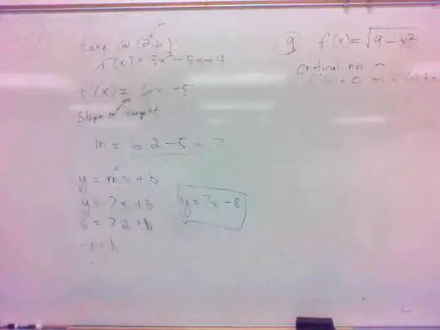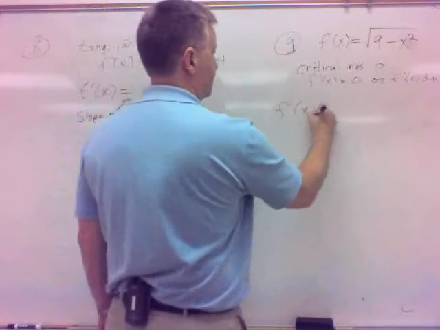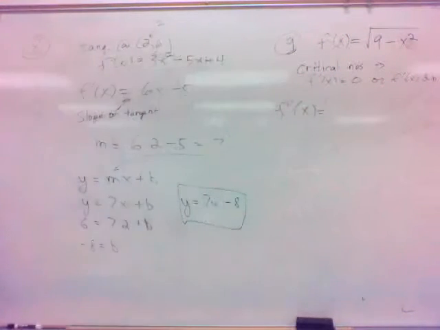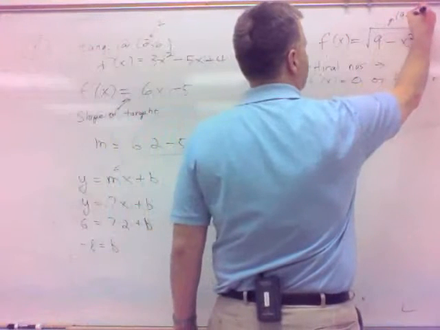So I need to find the derivative once again of this particular function. How do I do that for the square root of 9 minus x squared? Chain rule again.